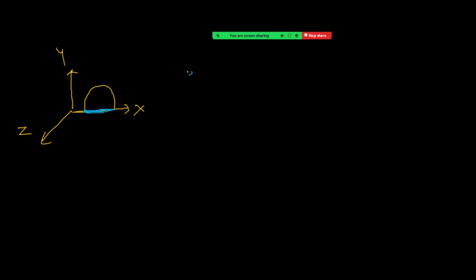Now you can see that the induced EMF is equal to L bar dot V bar cross B bar. Okay, next see carefully the direction of the field. A uniform magnetic field is set up along the x-axis. V bar is along the x-axis.